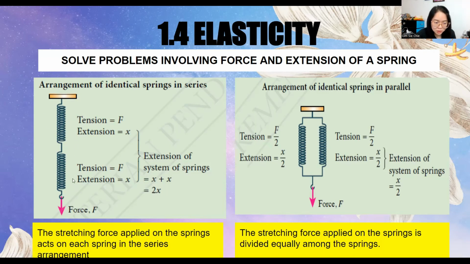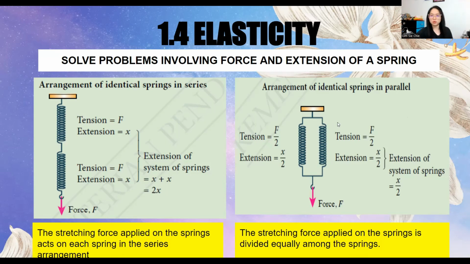So the whole system here will be experiencing 2x extension, meaning this extension plus this extension. Now for parallel, there's not much difference because the extension here is the same. If this one experiences 3 millimeter, this one also 3 millimeter, so the whole system is only experiencing 3 millimeter of extension.